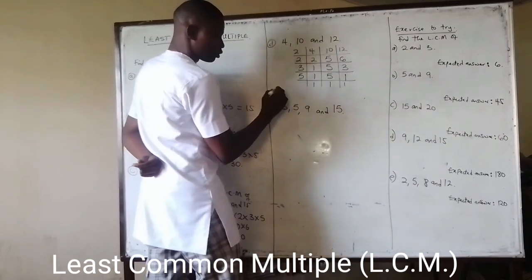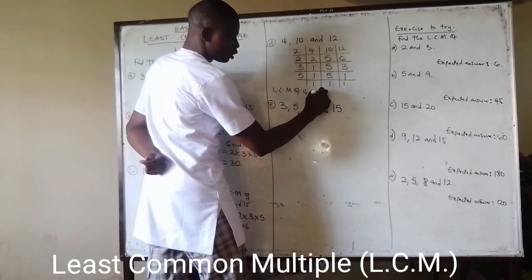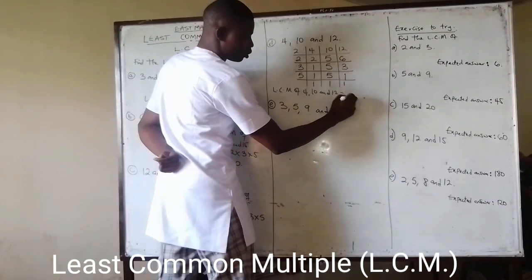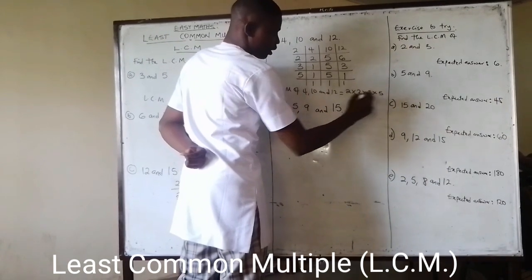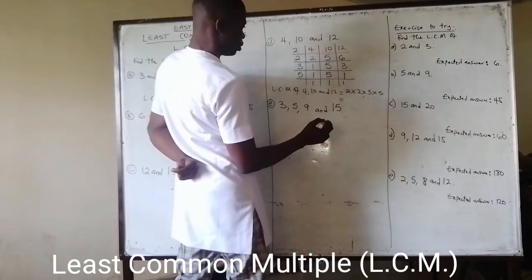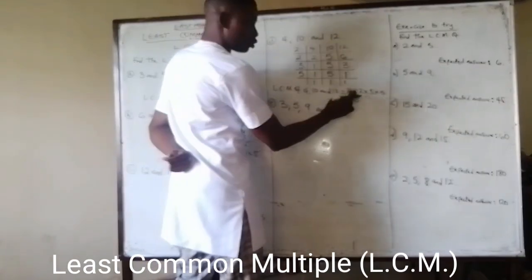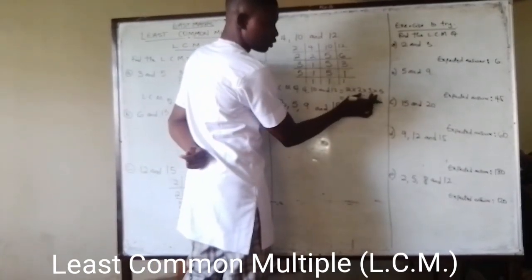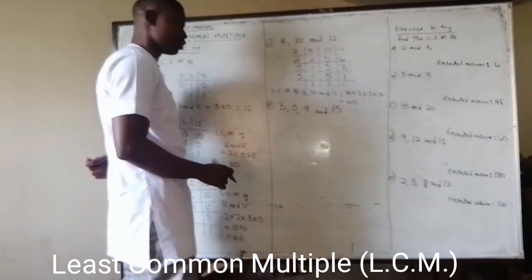So the LCM of 4, 10, and 12 will be equal to 2 times 2 times 3 times 5. This in turn will give us 60. 2 times 5 is 10. 2 times 3 is 6. 10 times 6 will end up giving us 60.